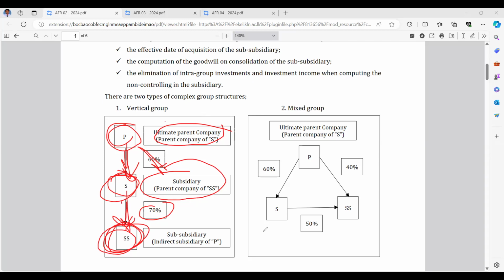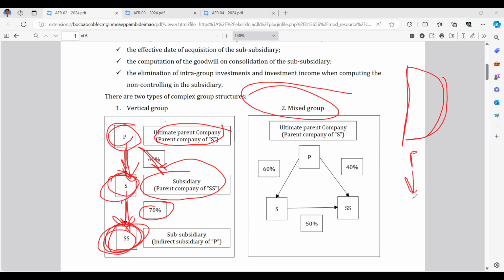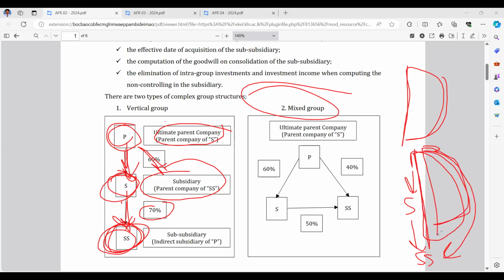The mixed group structure, sometimes referred to as a D-shaped group structure, looks like a D shape. It means the parent, let's say, has an 80% investment in S. In return, S has a 60% investment in SS. The parent also has a direct investment in SS. This seems like a D shape, and we call it a D-shaped group structure.